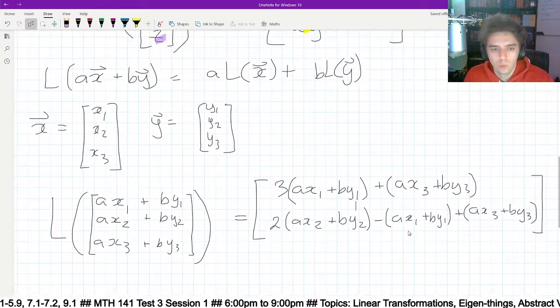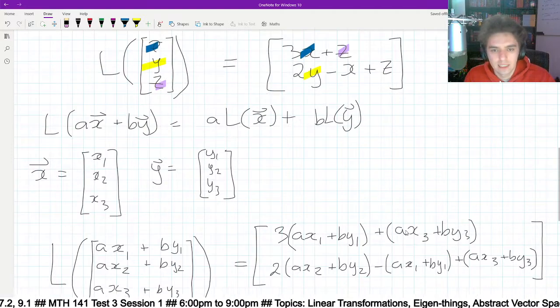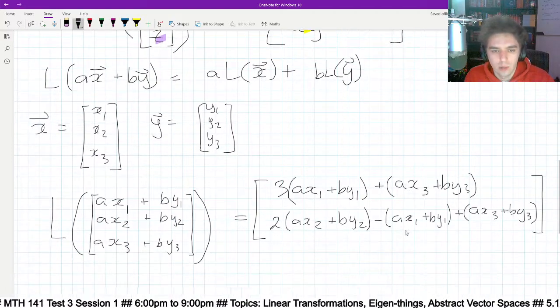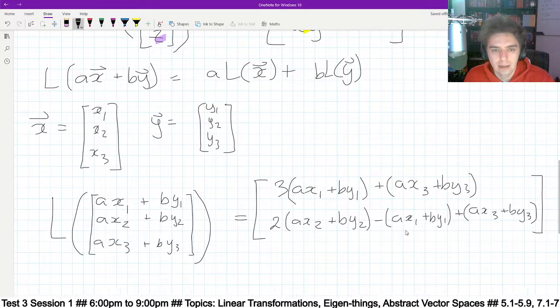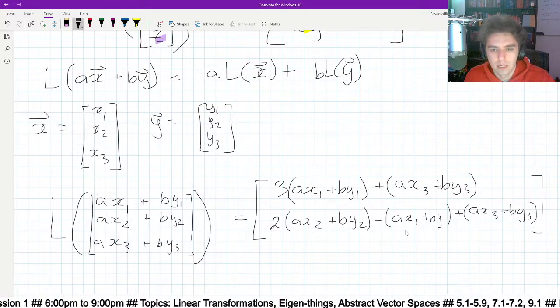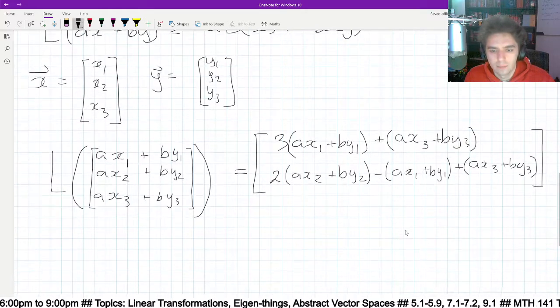So what I'm trying to do is prove that it's the same thing as this plus this. So I want to separate a times L of x and b times L of y.